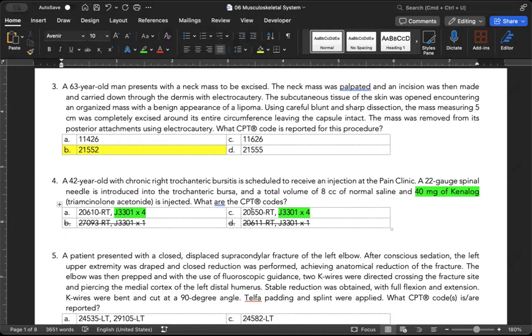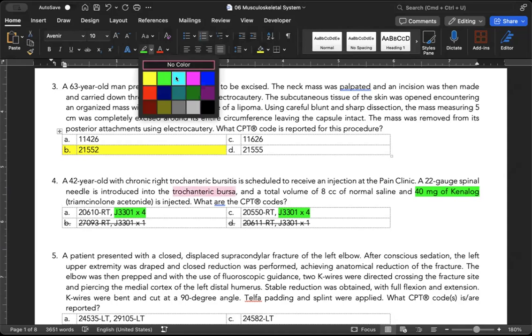And here we are doing the injection into the trochanteric bursa, so we're not injecting a tendon sheath. So let's go to the 20610.